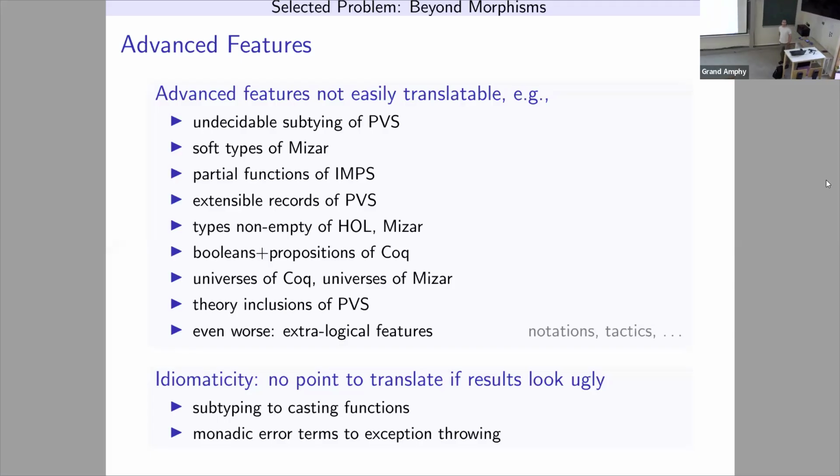Take any two proof assistants, try to translate from one to the other. It's basically impossible to do it compositionally unless the source system is HOL Light. HOL Light is deliberately as simple as possible, and because of that, you can translate it compositionally into other systems.